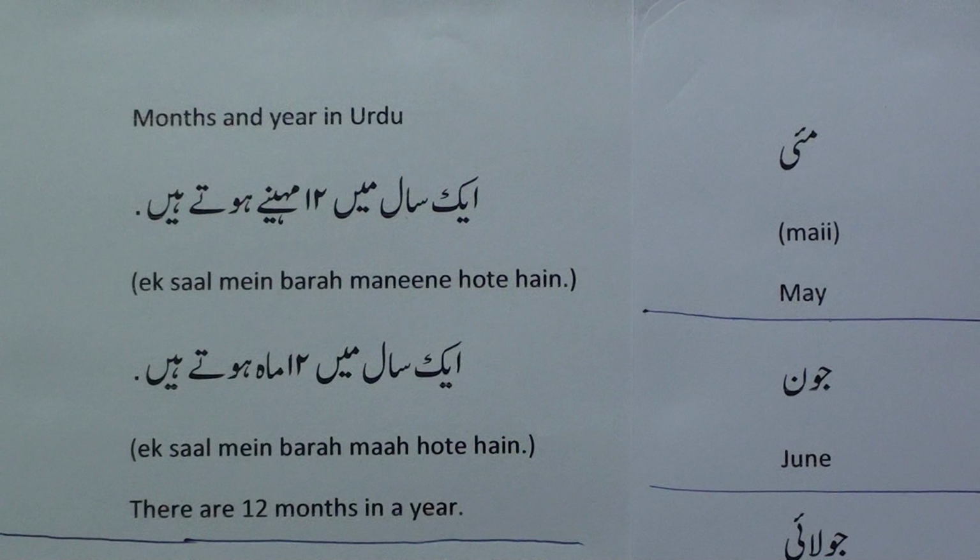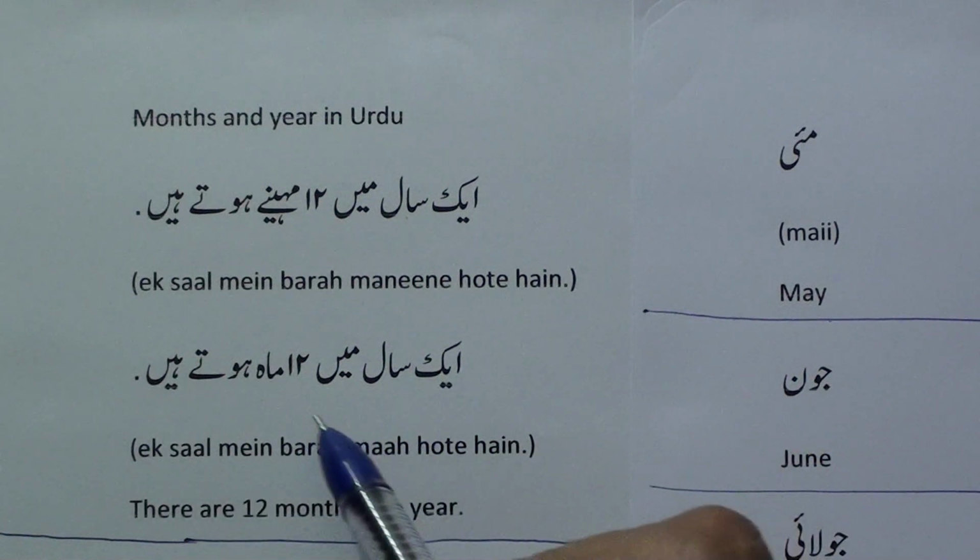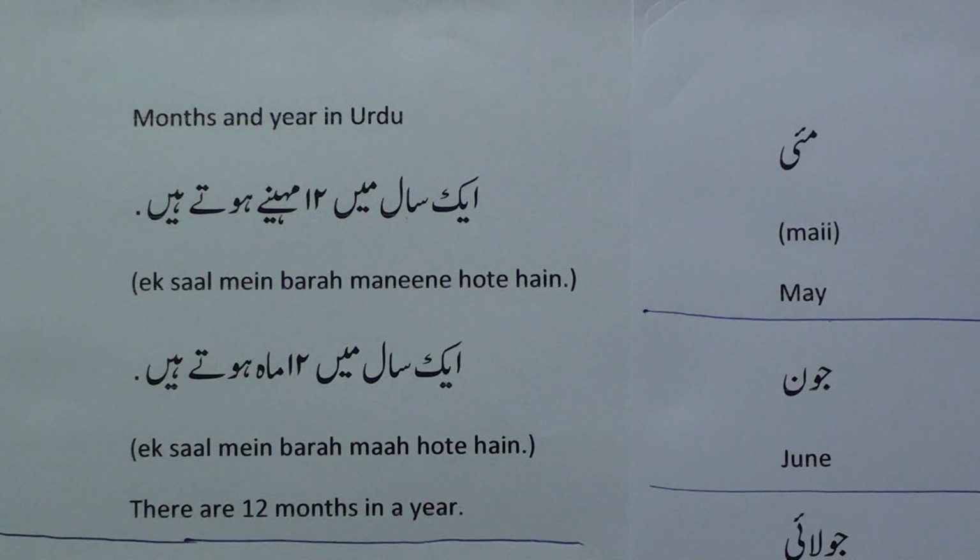So एक साल में 12 महीने होते हैं means there are 12 months in a year. Instead of mahine, we can also use word mah. माह, एक साल में 12 माह होते हैं। Means there are 12 months in a year.